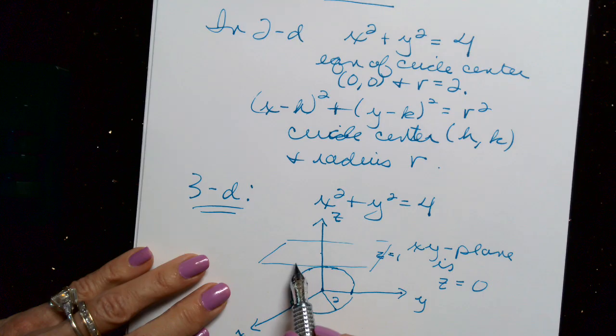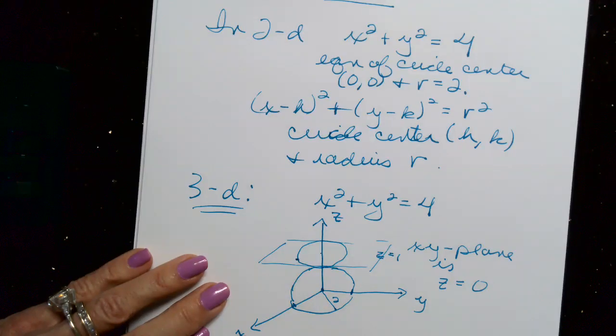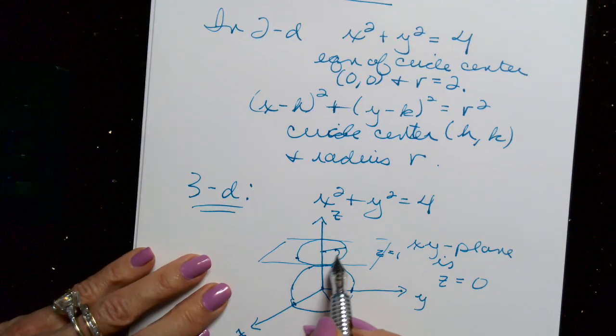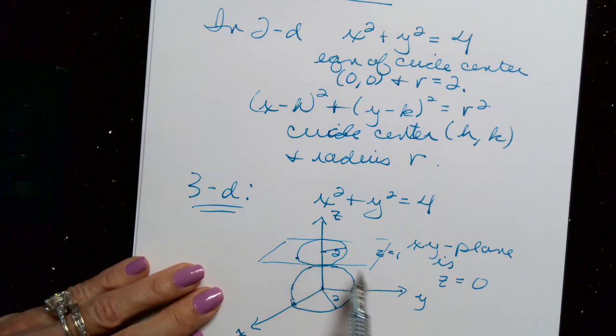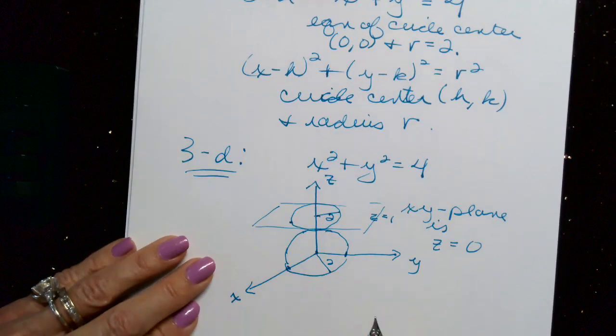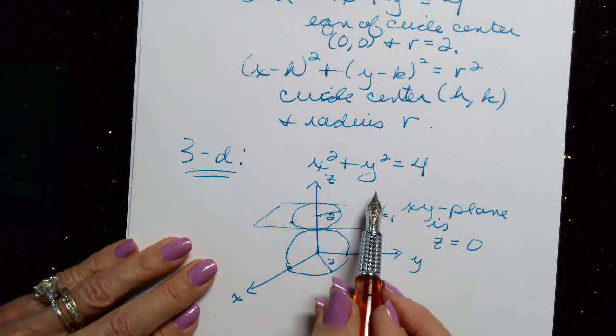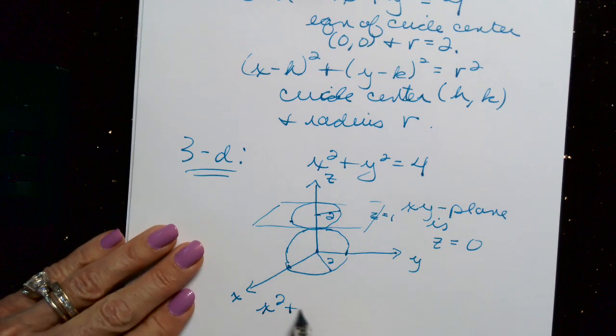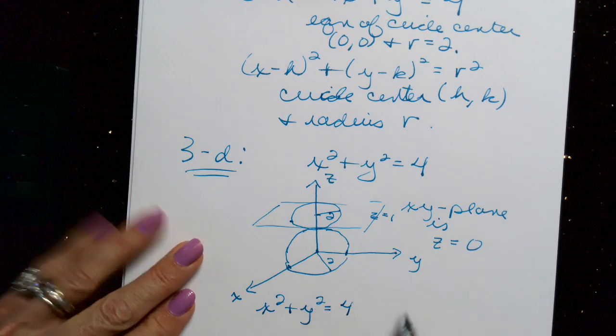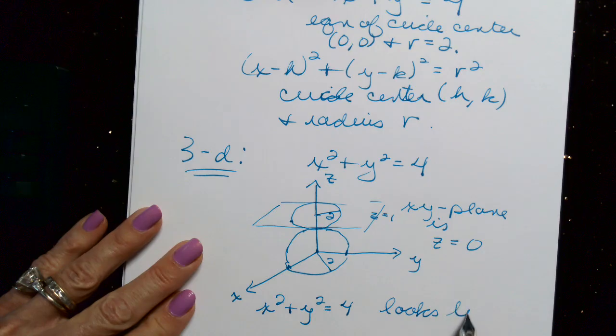And now you could look at the circle x squared plus y squared equals 4. Okay, that looks really bad, but assume that's a circle of radius 2. That also satisfies the equation, even if it's in the plane z equals 1. In fact, z doesn't appear, so x squared plus y squared equals 4 looks like a circle of radius 2, centered at 0, 0.